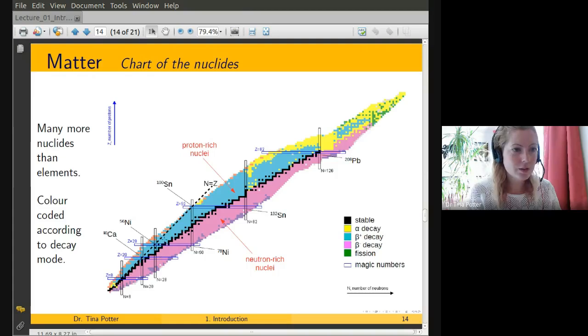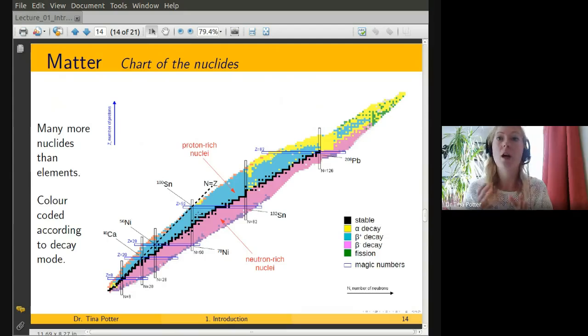Now there's lots of different color coding here, right? So the black ones are stable, and that's roughly going along equal numbers of protons and neutrons. There are isotopes that are proton rich, above this line, and there's those that are neutron rich, which have lots more neutrons than protons, and they usually decay down to the stable isotope, or the stable nucleus, by doing beta decay, either beta plus or beta minus decay, and we'll have a look at this in the nuclear part of the course.